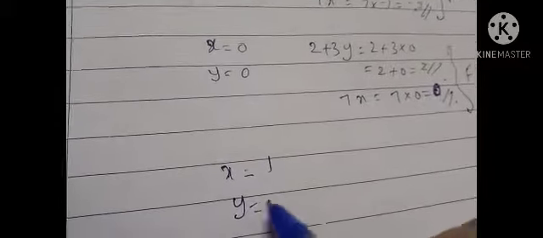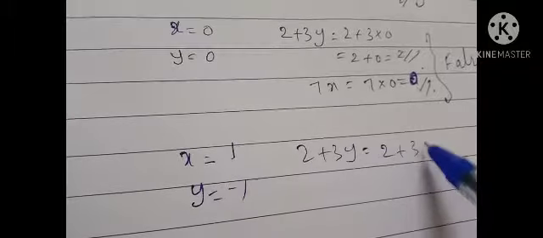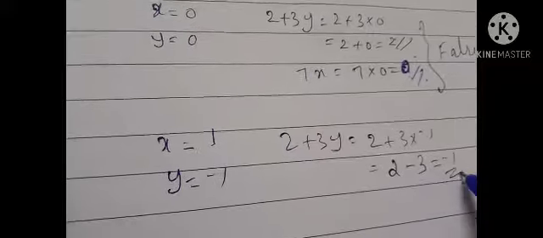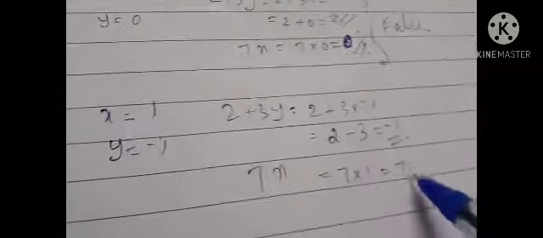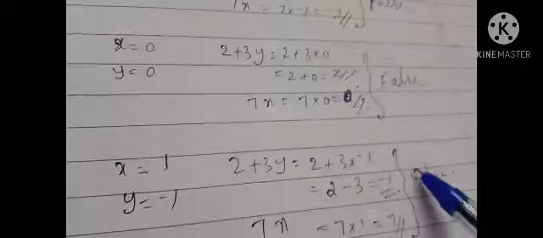Then the third case we have to check by x equal 1 and y equal negative 1. So 2 plus 3y equal 2 plus 3 into negative 1, that is 2 minus 3 equal negative 1. Then 7x equals 7 into 1 equal 7. Here these two are not same, so here also it is false. In this case all three cases are false.